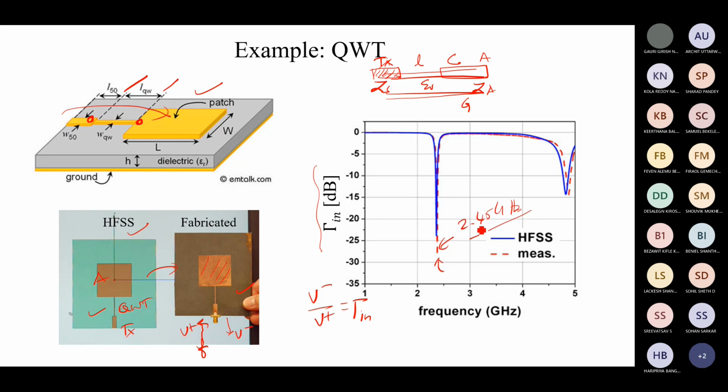Do you know anybody what is the specialty of this 2.45 gigahertz? Nobody knows. So this is the operating frequency of the Bluetooth system. Okay, all the Bluetooth systems are using this exact frequency.